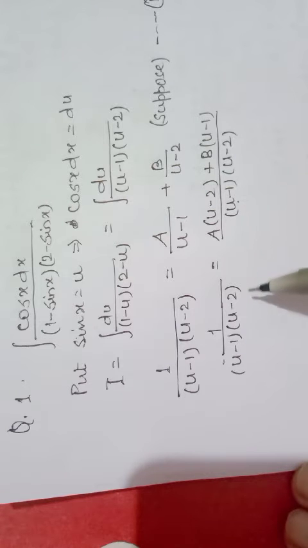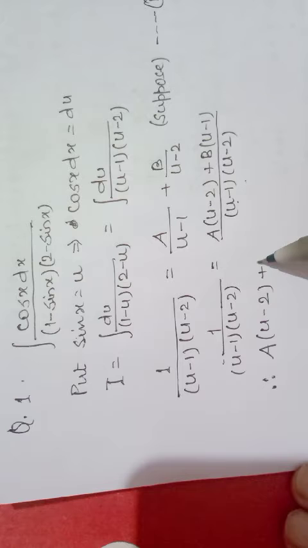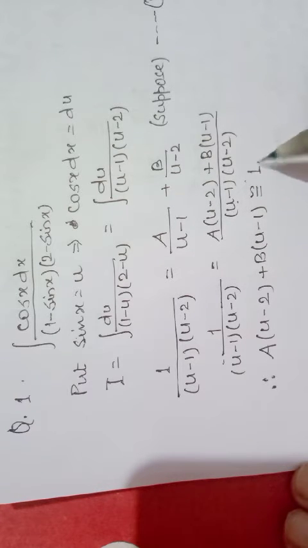Both sides have equal denominators, so the numerators should also be equivalent. Therefore, on comparing, A into (u minus 2) plus B into (u minus 1) should be equivalent to 1.